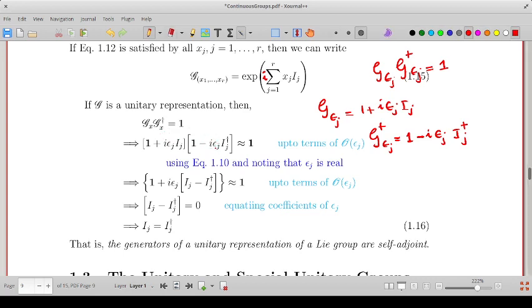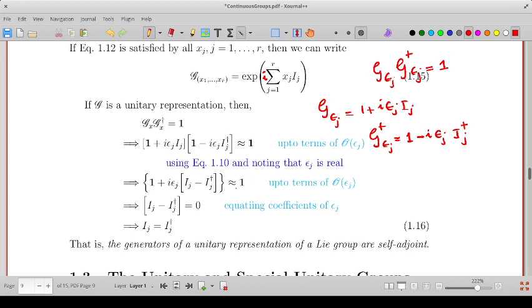So 1 times minus i epsilon j ij dagger. So collecting those terms, I will get identity plus i epsilon j times ij minus ij dagger. Then there will be other terms of order epsilon squared, which we neglect because we are only interested in terms up to order 1 in epsilon j.